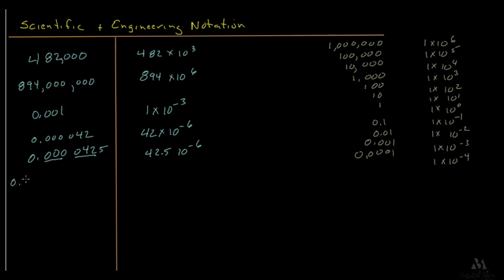Let's go 0, 0, 0, 0, 0, 0, 0, 0, 0, 0, 1, 2, 7. So I've got 3, 6, 9, 12. So I could say this is 12.7 times 10 to the negative 12th.